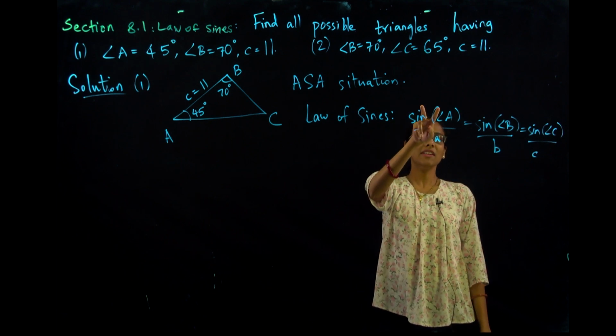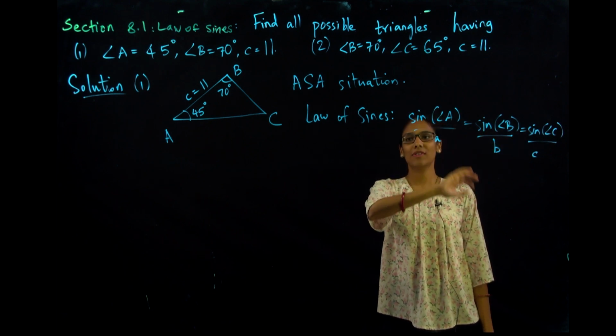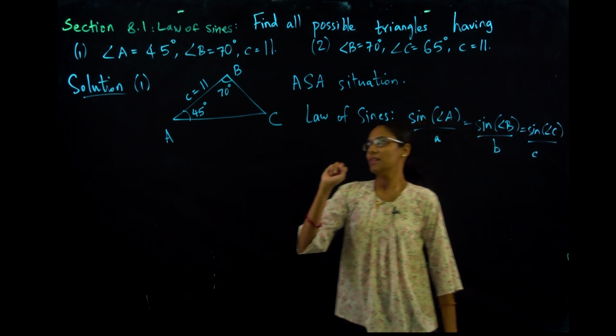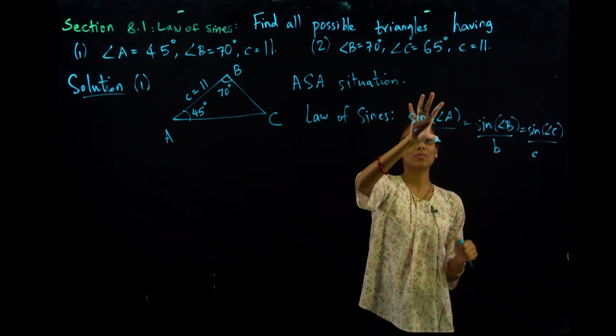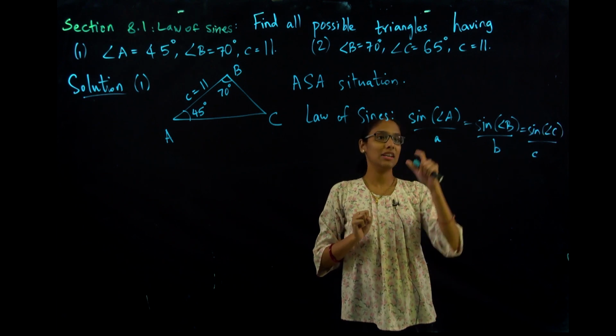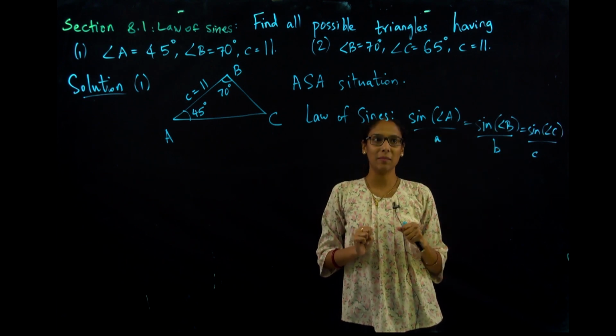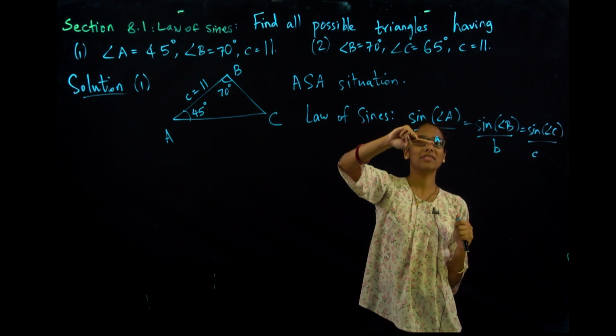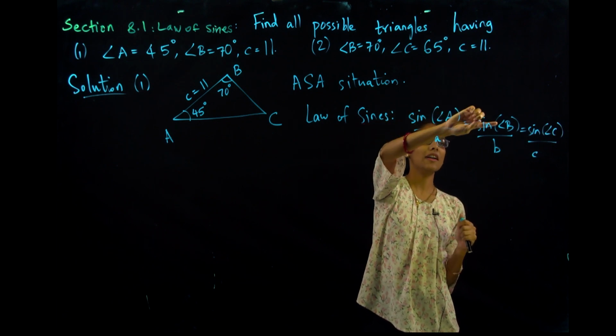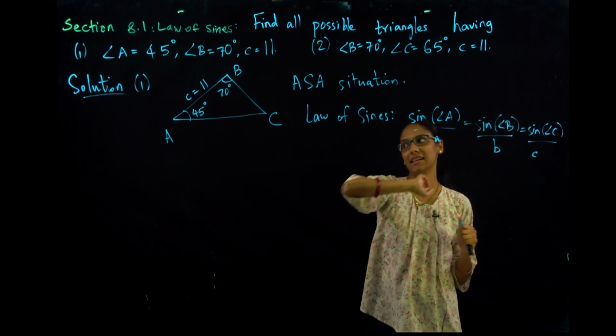So we are given 3 out of these measurements. We need to figure out the remaining 3. For that, we need at least one of these fractions to be completely given to us so that we can use that to solve for the remaining. One of these fractions, meaning we're looking for pairs of opposites, angle A and side A, or angle B and side B, or angle C and side C.